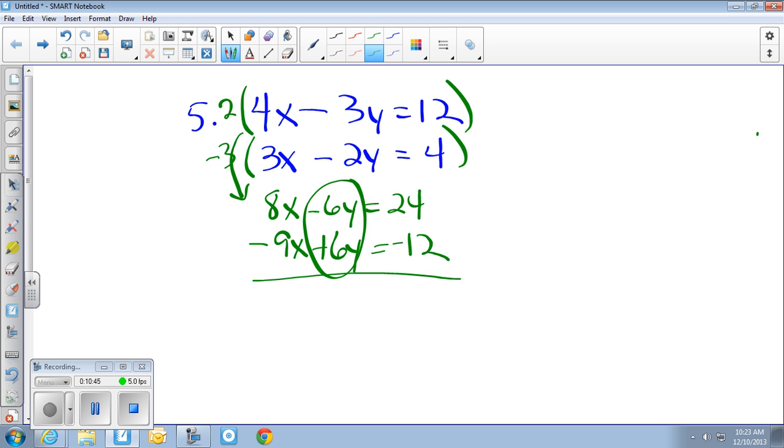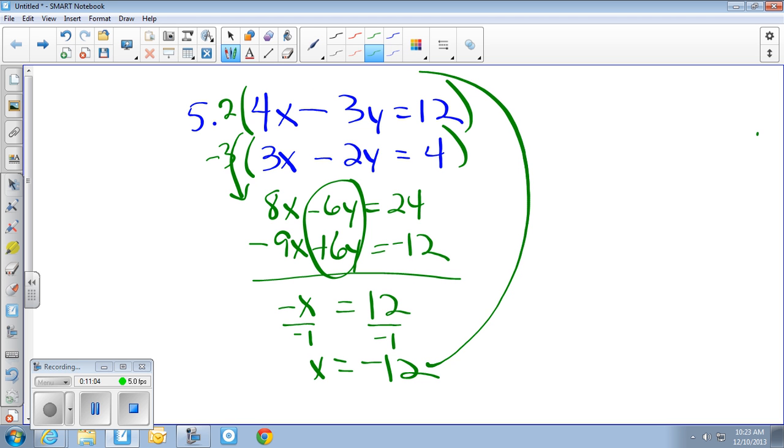I end up with a negative 1x, and then on the right, I will end up with 12. So I've got to get rid of that negative x, so I'm going to divide by negative 1 on both sides, and I end up with x is a negative 12. Now I can plug it into the original equation and solve for my y. 4 times a negative 12 minus 3y equals 12.